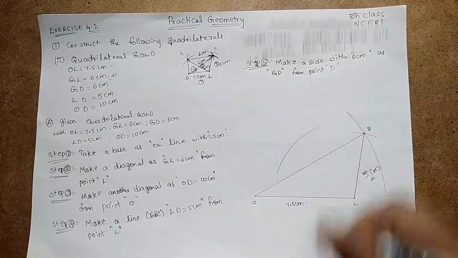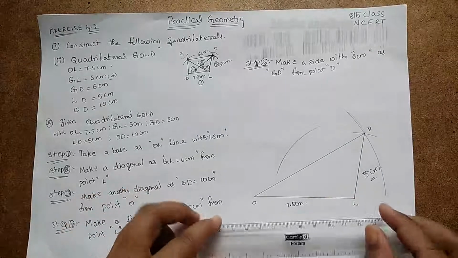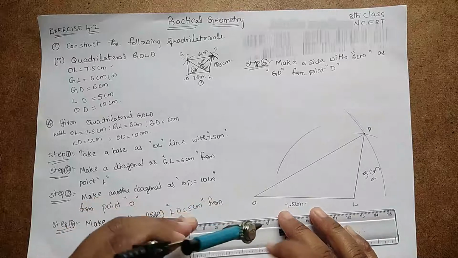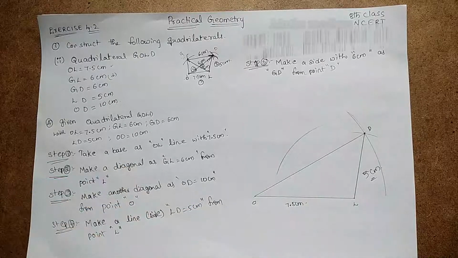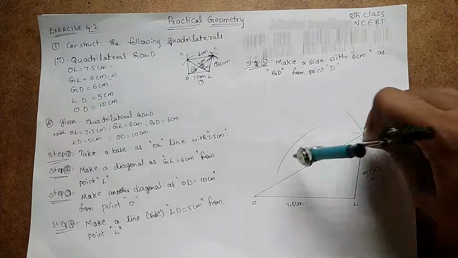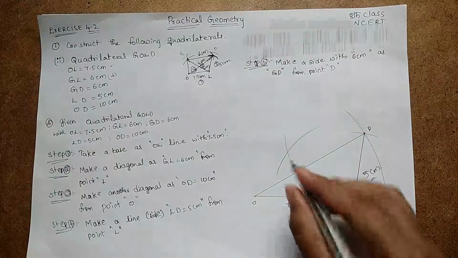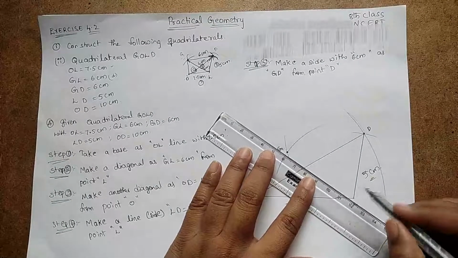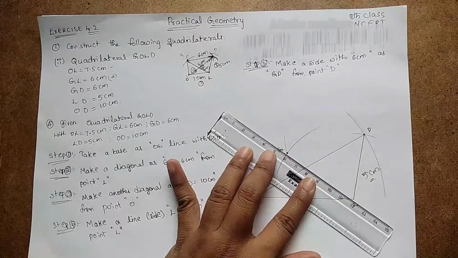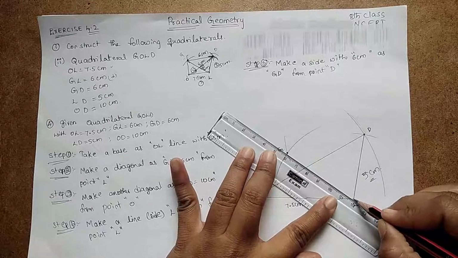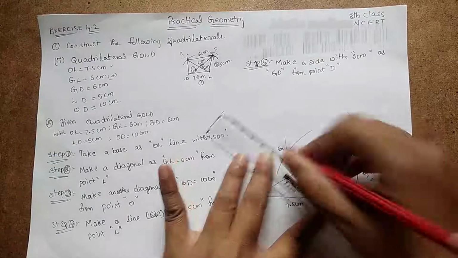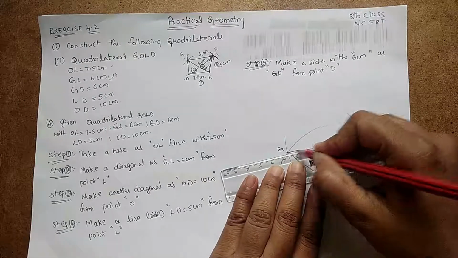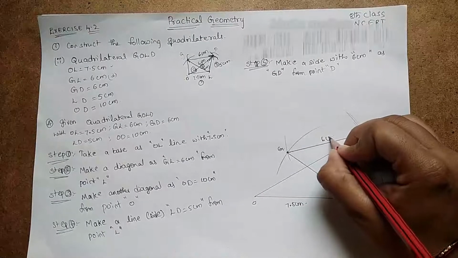From point D, take the scale and measure 6 centimeters, and draw an arc from D. We get another point, that point is G. So join the two points L and G as a diagonal, and GD as a side, that is 6 centimeters.